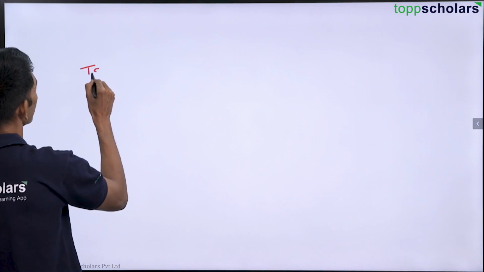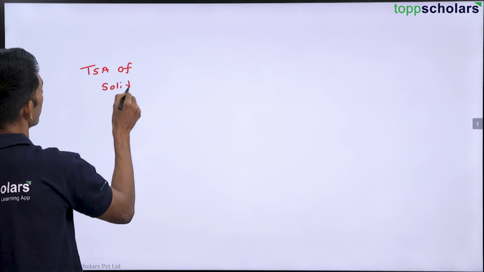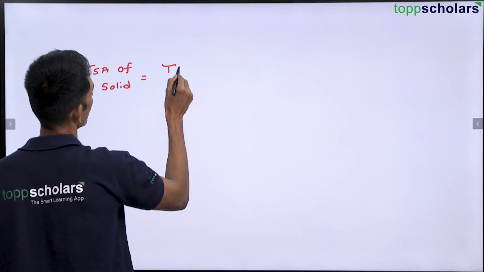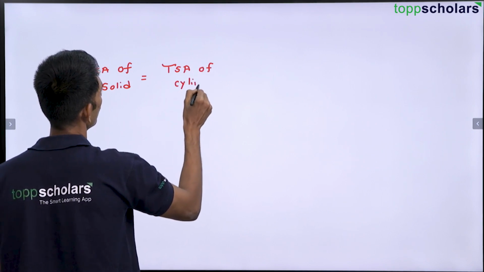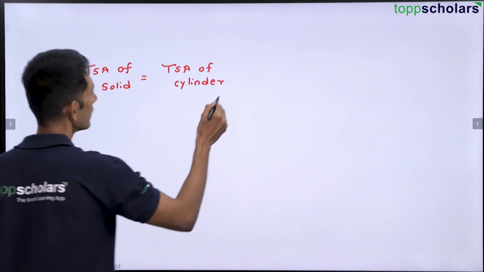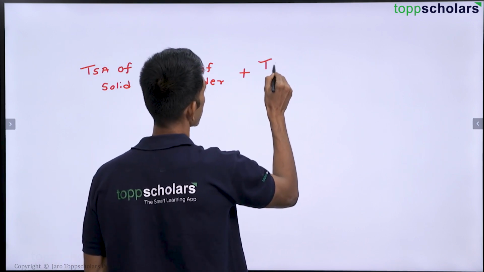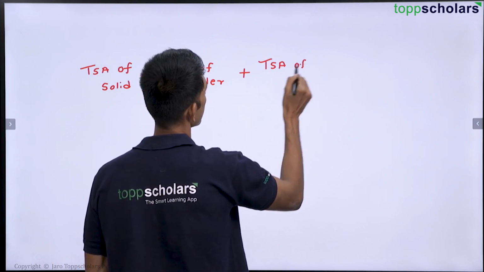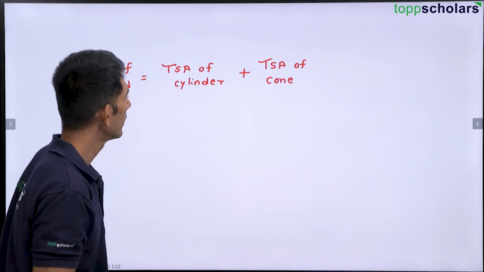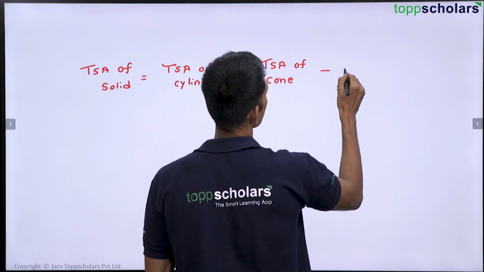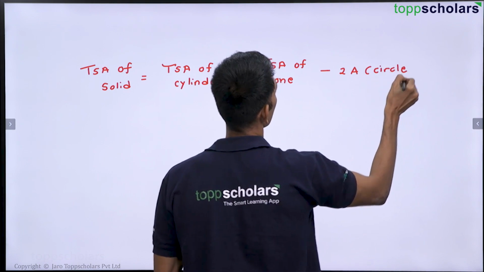So can I say the total surface area of the solid is equal to the total surface area of the cylinder, which includes the bottom circle, plus the total surface area of the cone, which also includes the bottom circle, and then minus 2 times the area of the circular base.